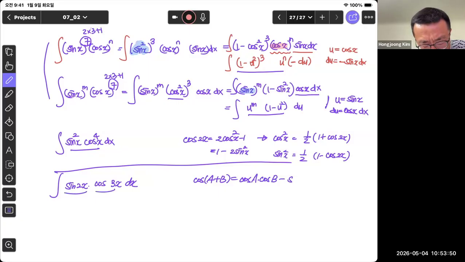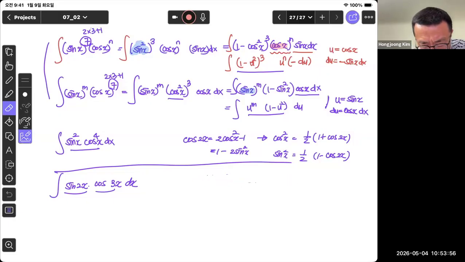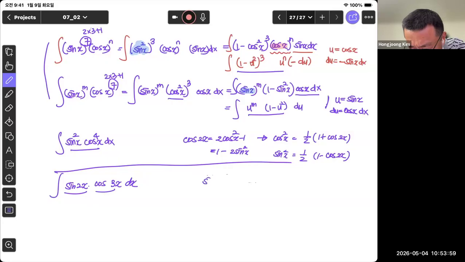Since I'm considering the product of sine and cosine, in that case, I need to use the sine formula. Sine A plus B is sine A cosine B plus cosine A sine B.